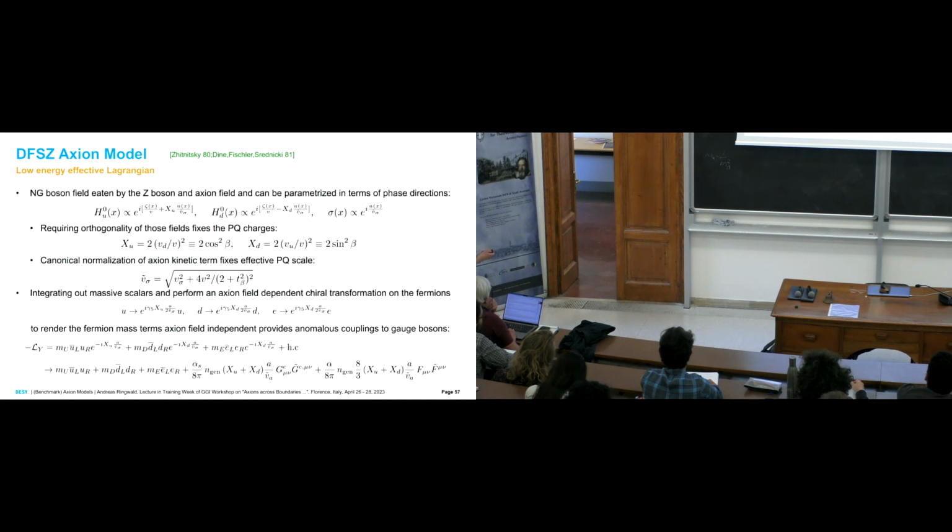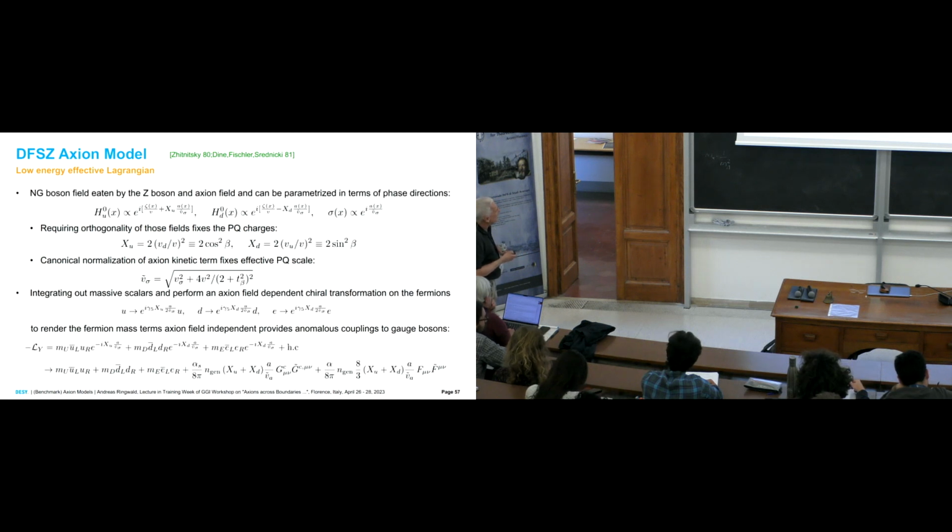If we do this kind of transformation, then the mass terms, which you get after symmetry breaking if you just put these formulas into the Yukawa Lagrangian, have an exponential dependence on this axion field.